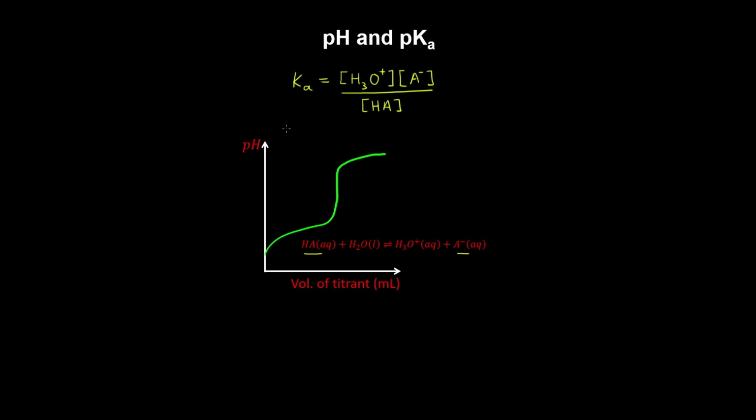And if you take the minus log of both sides, well, we apply the addition rule for logarithms, and then this here is the pH. So we can rewrite this equation as follows.